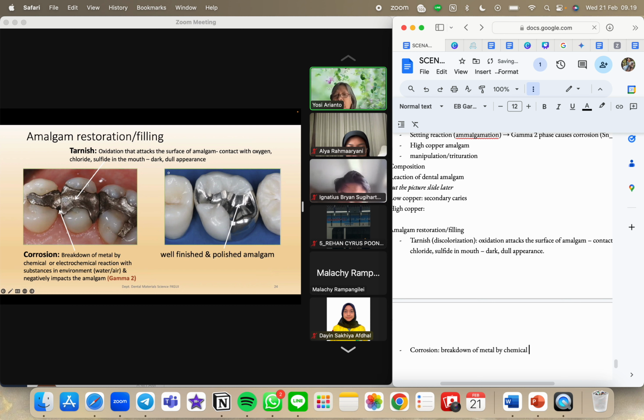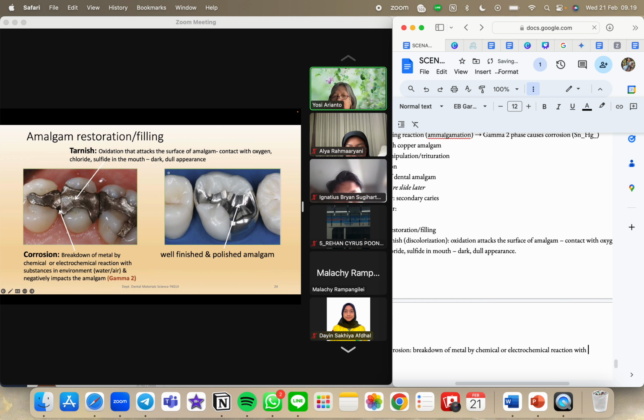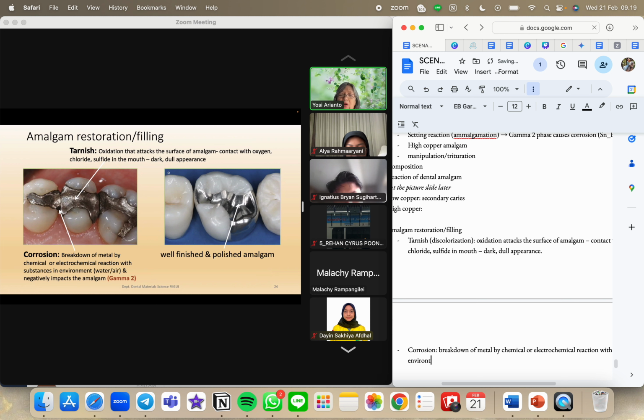So if you have a very well finished and polished amalgam, this is the condition you give. When we eat, because of the chloride in the saliva and so on, it will sometimes be tarnished, and we can polish it again and it will be like this again.